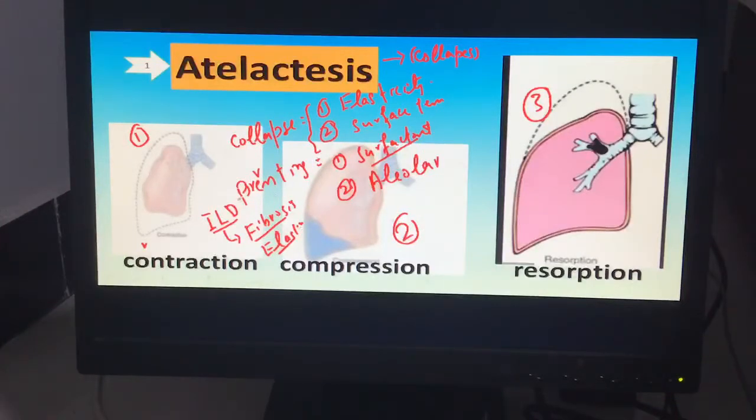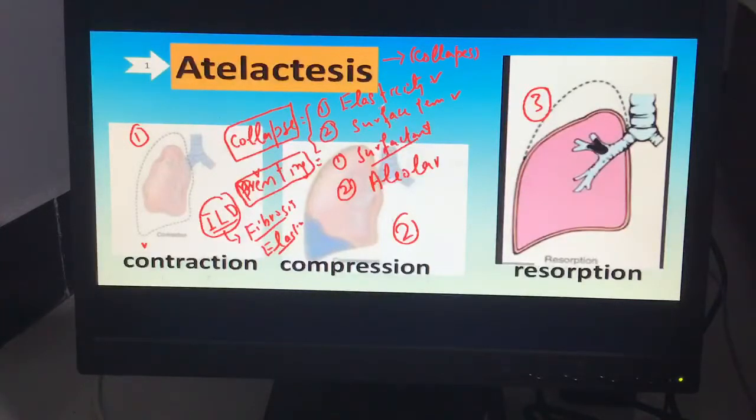Before we understand why the collapse happens in interstitial lung disorder, first we think about a little physiology. There are four forces here. Two forces try to collapse the alveoli, and two forces don't let the alveoli collapse: the collapsing forces and the preventing forces. The collapsing forces are the elasticity present in the wall of the alveoli and the surface tension due to water, the moist surface of the alveoli.